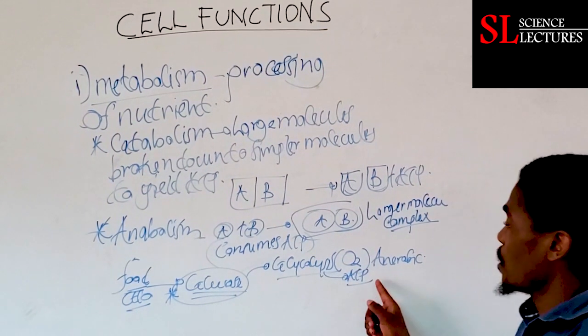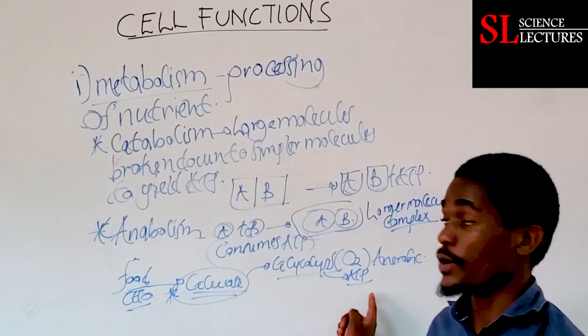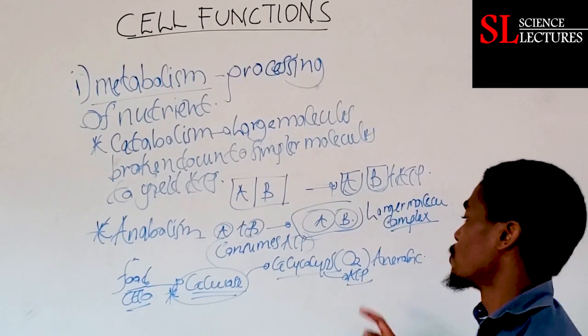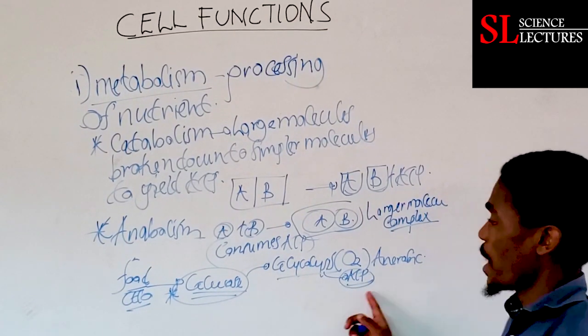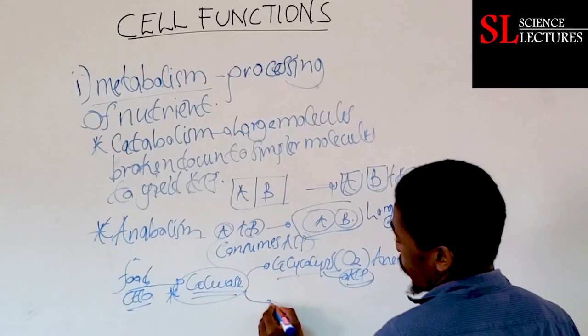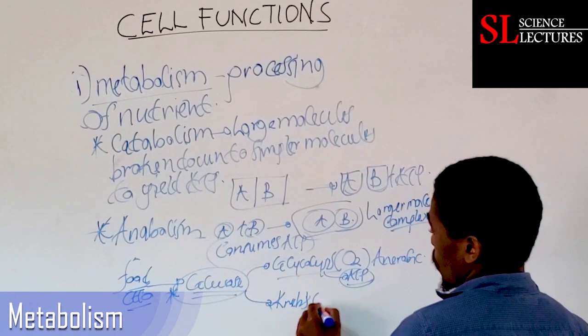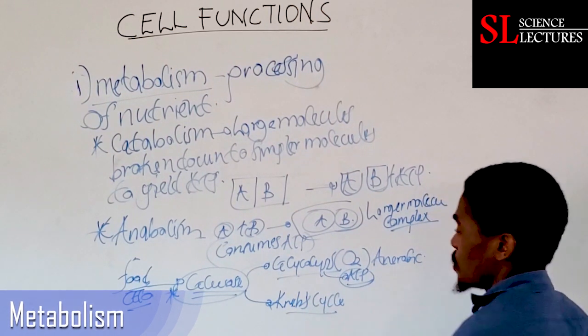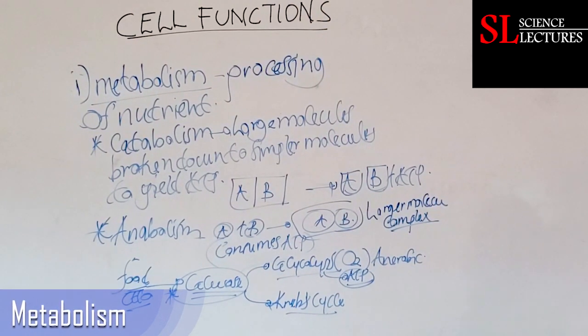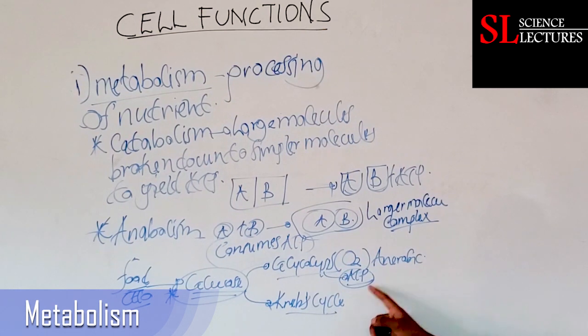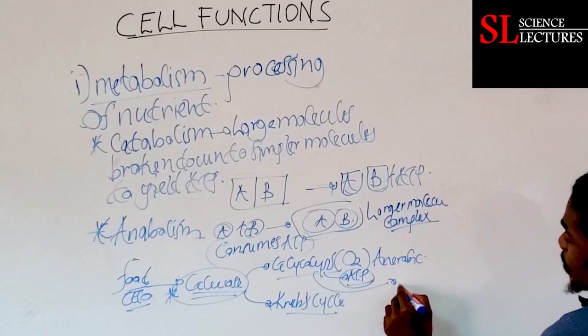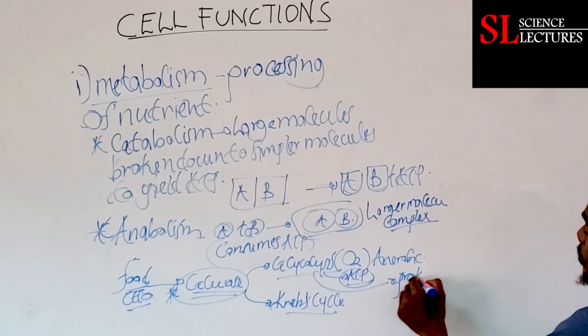But the ATP produced by glycolysis, the anaerobic form, is not as much as the one produced by the second pathway we are going to see, which is called the Krebs cycle. So glycolysis is an anaerobic process and produces ATP, and glycolysis is what happens in prokaryotic cells.